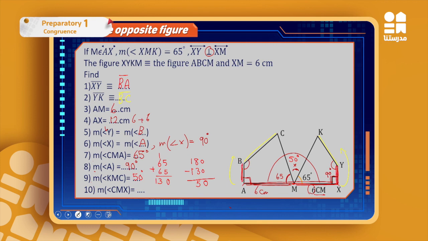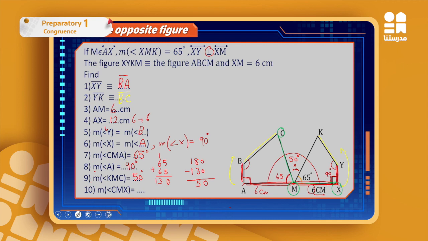Okay, the last one. The measurement of angle CMX. I need this one, the green one. How can we find it? One more time, CMX. I hope it's clear for you.